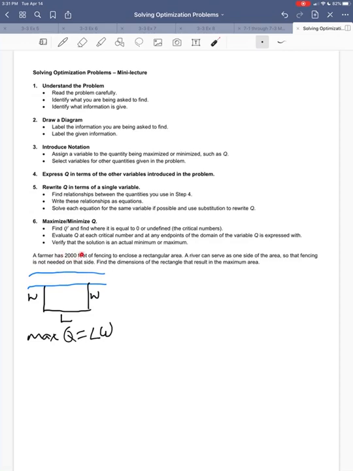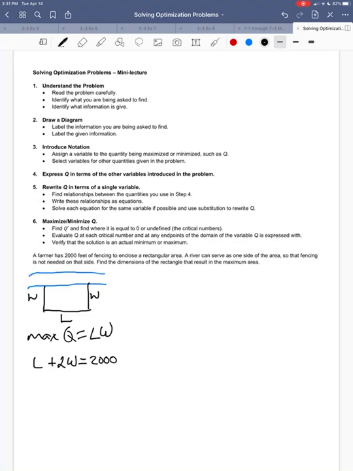Well, there's one piece of information I haven't used yet. That's that I have 2,000 feet of fencing. So what I know, if I take those three sides, because I don't have to put fencing along the river, and add them together, that's going to be 1 L and 2 W's. So L plus 2W has to equal 2,000.